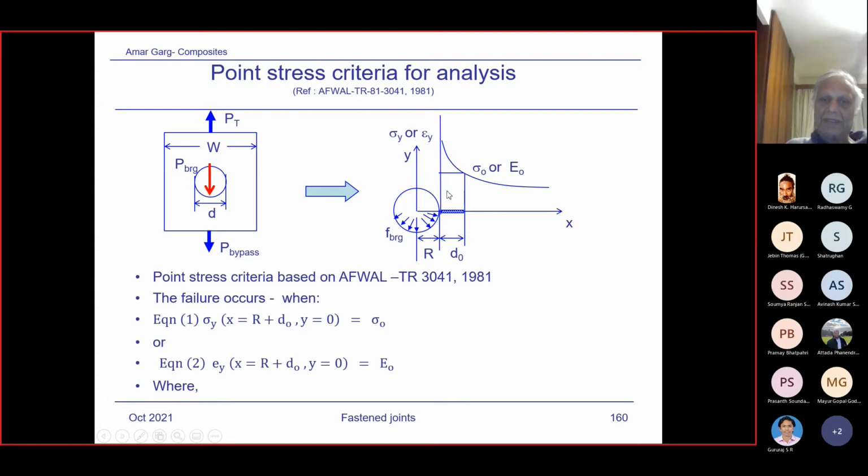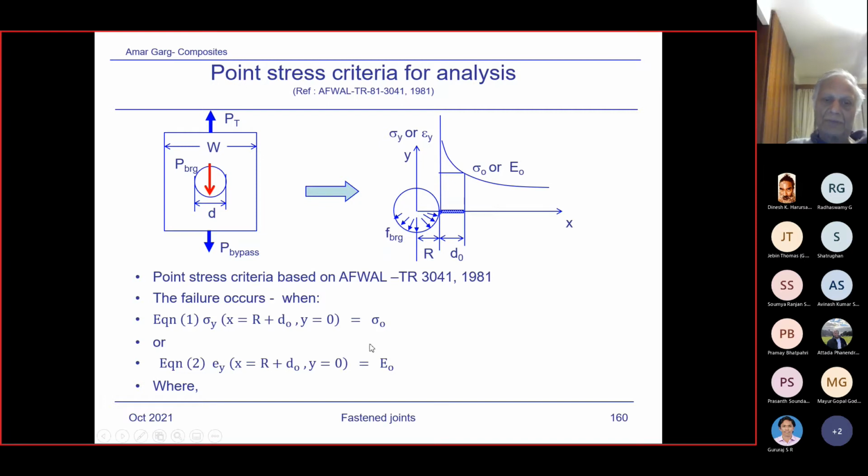Then you have the stress I explained last time, so stress distribution. So the point stress criteria is that at some characteristic dimension, this stress value is equivalent to the unnotched allowable value, strain or stress, then that will be the failure point.